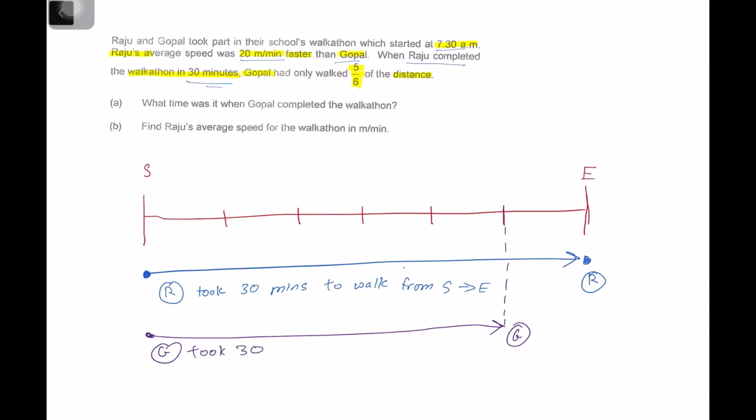Now note that this is the same amount of time. When Raju completed the whole distance in 30 minutes, Gopal walked 5/6 of the distance in those 30 minutes. So that's why Gopal took 30 minutes to walk 5/6 of the distance.